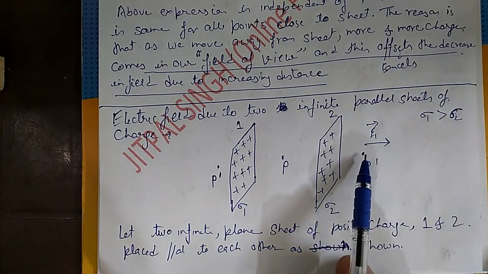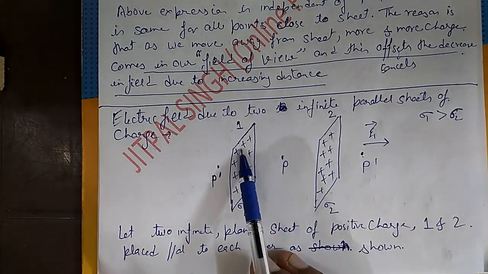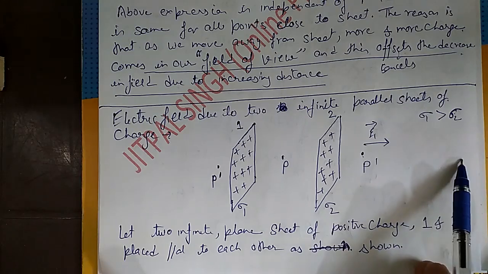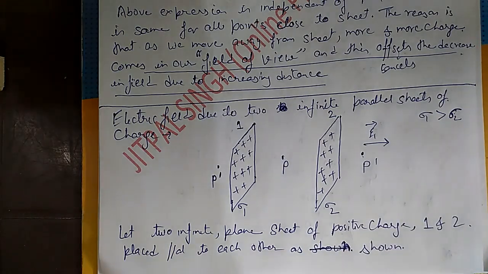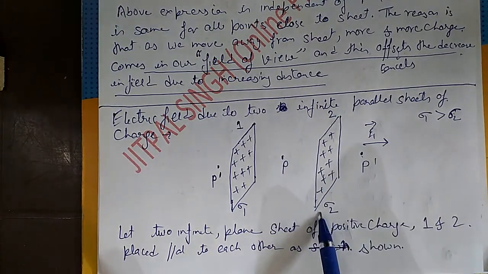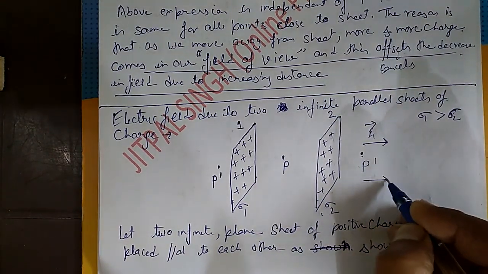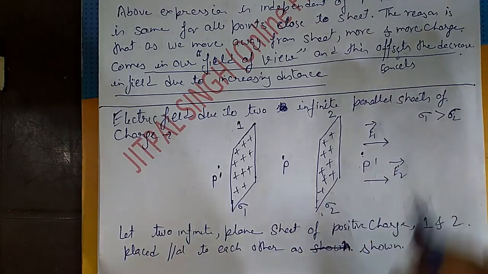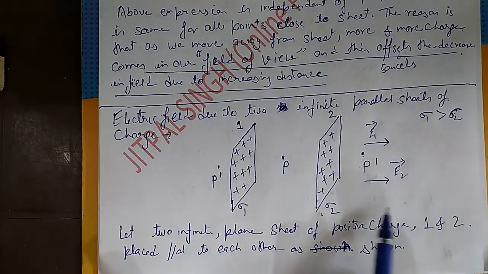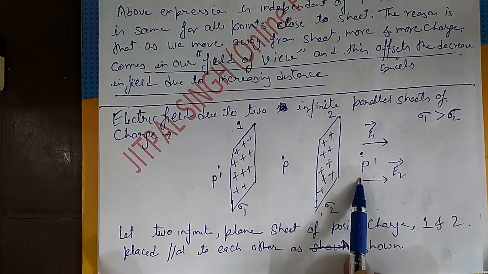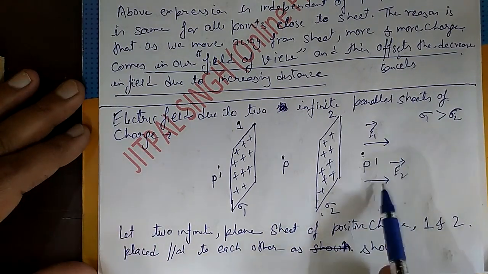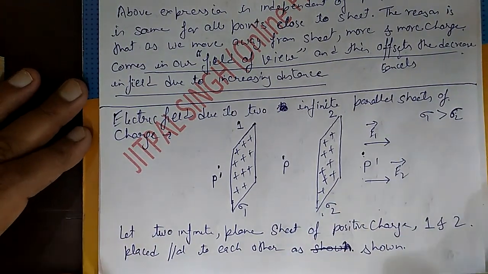Why? Because if we imagine a test charge here, this sheet will repel the test charge towards right. Similarly, the second sheet produces a field at P dash, and the direction of the field is also towards right. So we take it as E2.